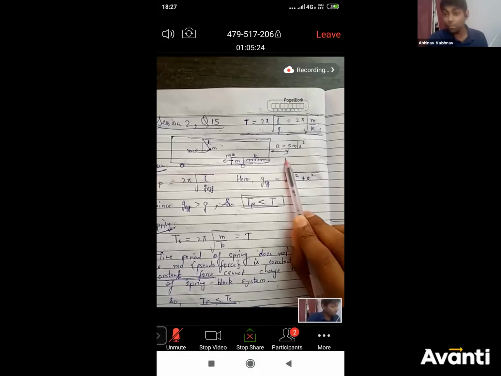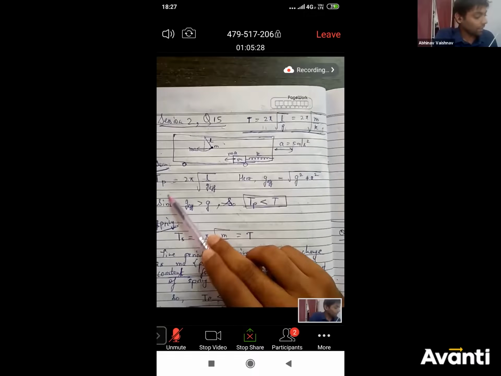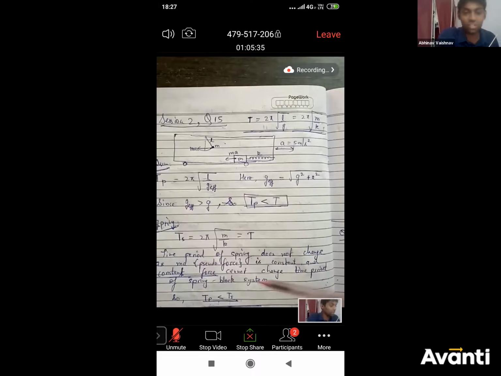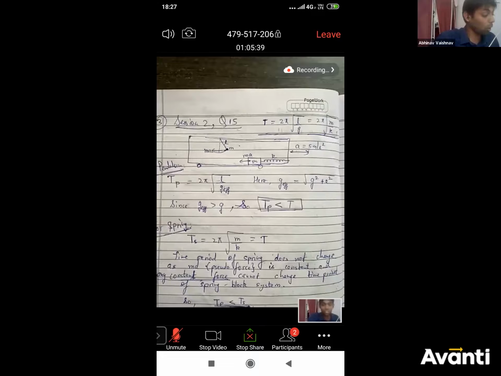Now what will happen to the time period of the pendulum and the time period of the spring? Okay. So if we talk about the pendulum, you would have already studied the time period of a pendulum in an accelerating system. So first of all, the motion of both the pendulum and spring will be SHM only in the frame of the train. Not in the ground frame.